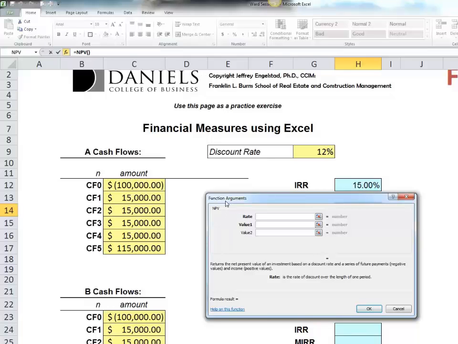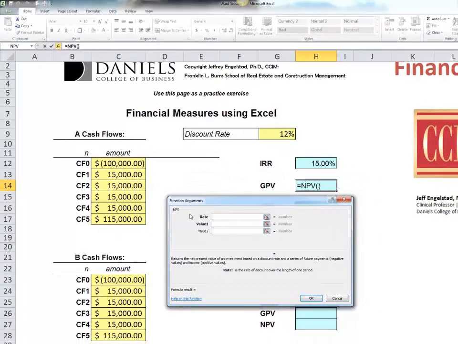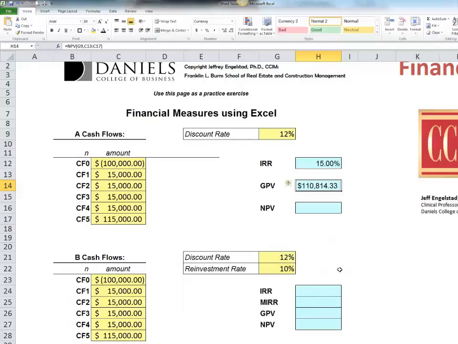Within its function arguments, it will solve for gross present value or investment value. So we apply a rate, and then we take those values that are subject to being discounted at that rate. So that would be cash flow 1, 2, 3, 4, and 5. We're not going to discount cash flow 0 because where would we discount it to? It's already in the 0 position. So you can see that within the function arguments, we have a result that is $110,814.33. That is the value of these cash flows discounted at 12%.